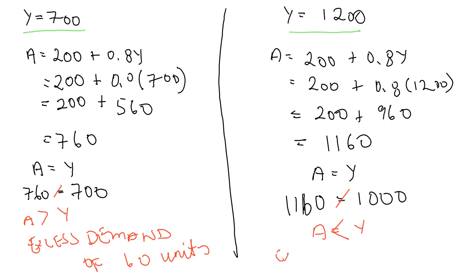And therefore, we'll write excess supply, sorry, this is 1,200, apologies, of 40 units.